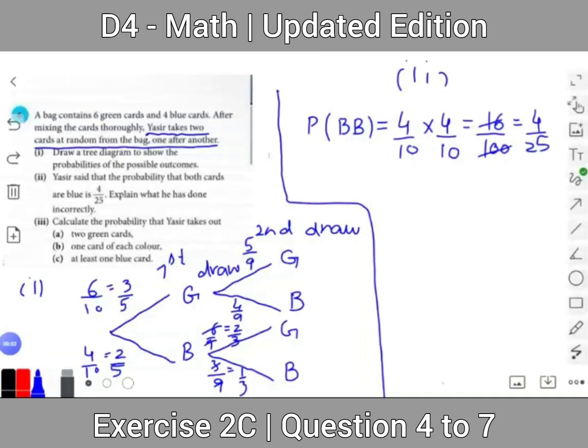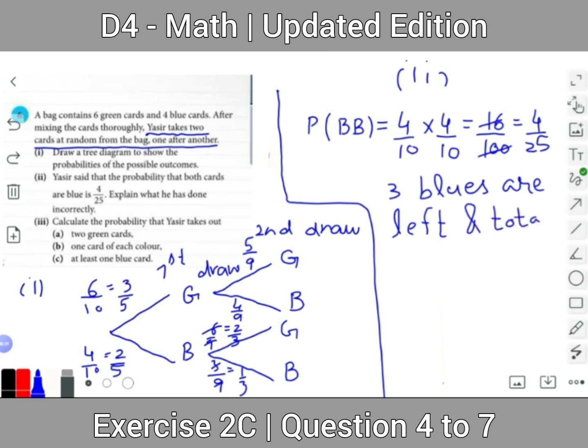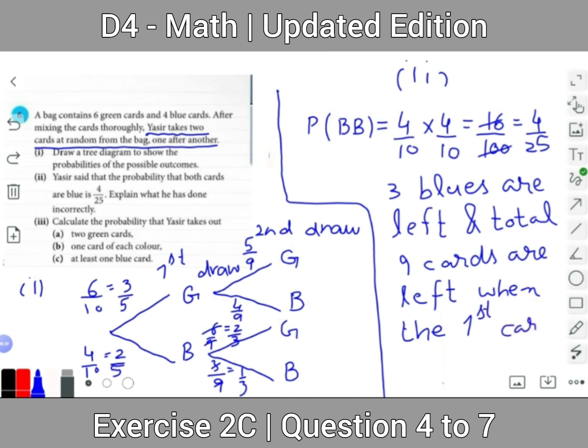He did not take into account that only three blue cards are left, and a total of 9 cards are left when the first card is drawn.